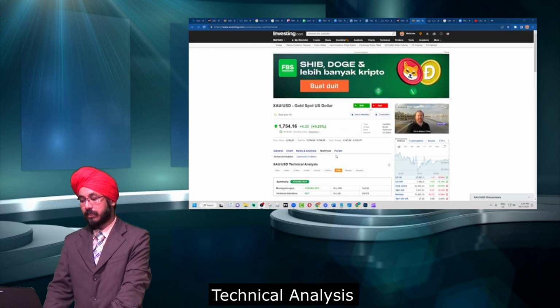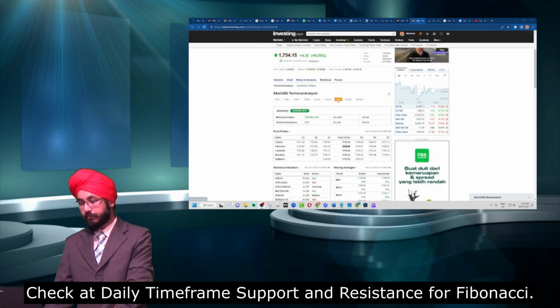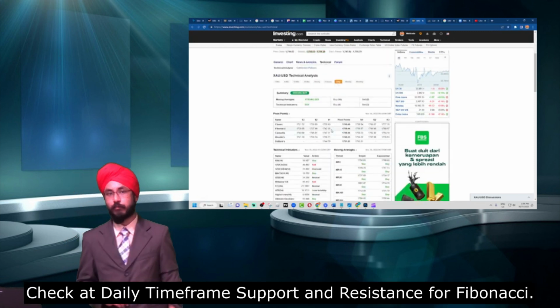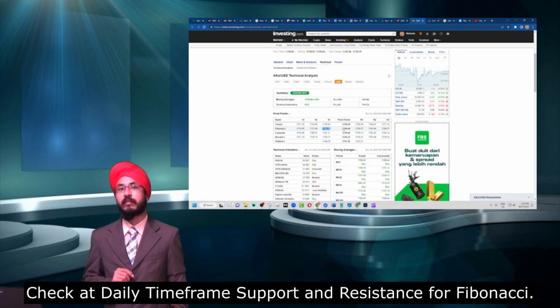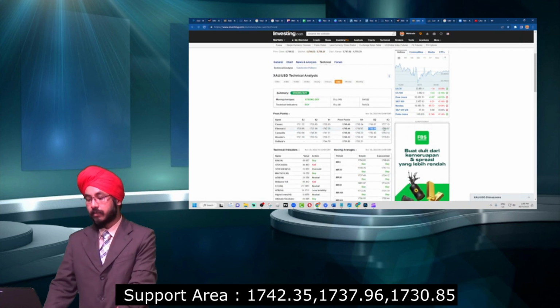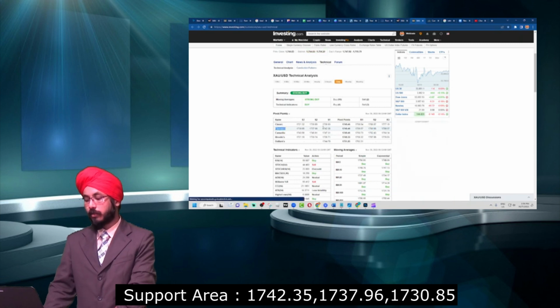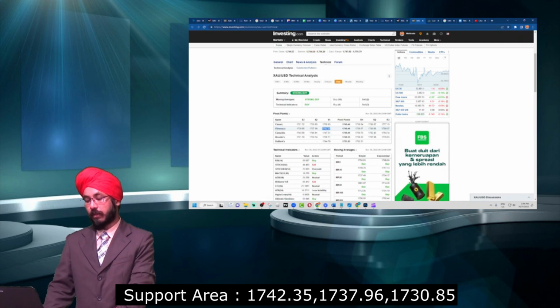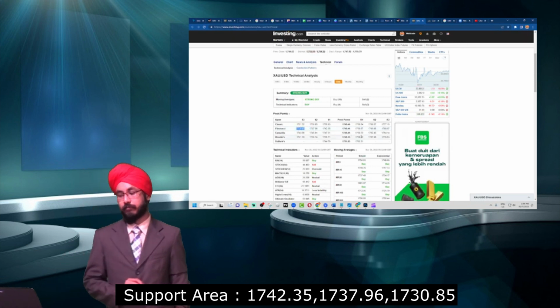Moving forward, I would take you to the technical analysis. At the daily, we have 3 support points as well as 3 resistance points, based on Fibonacci. Our first support point is 1742.35, our support 2 is 1737.96 and our support 3 is 1730.85.